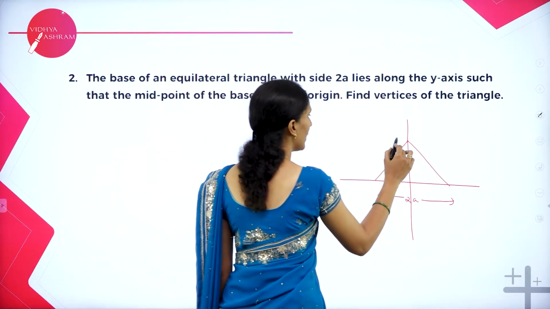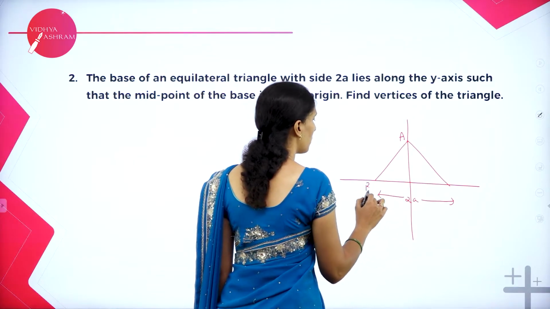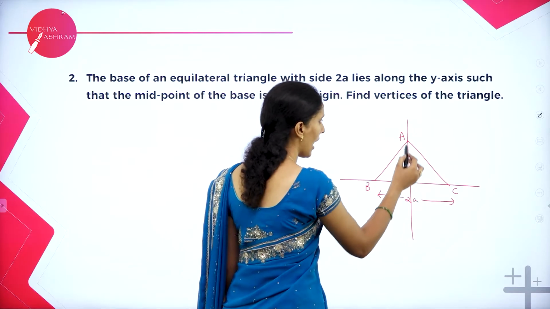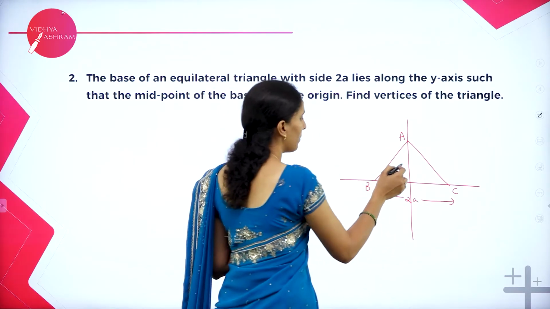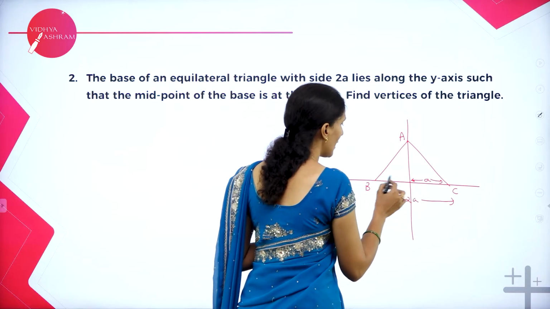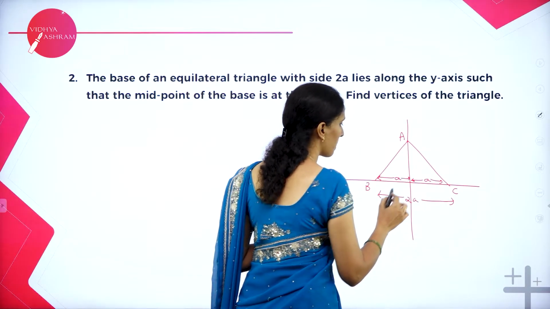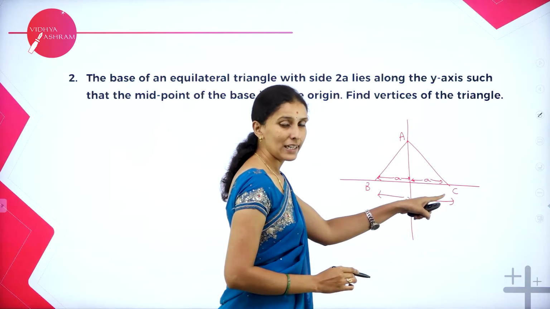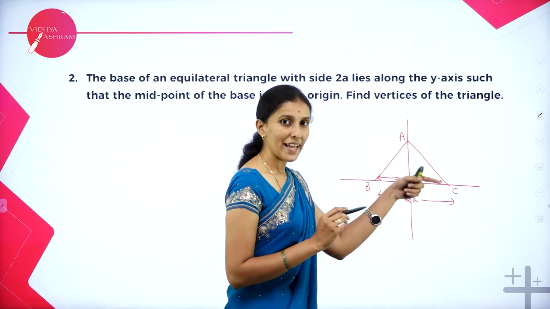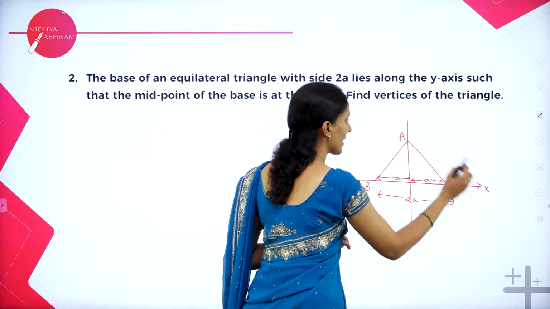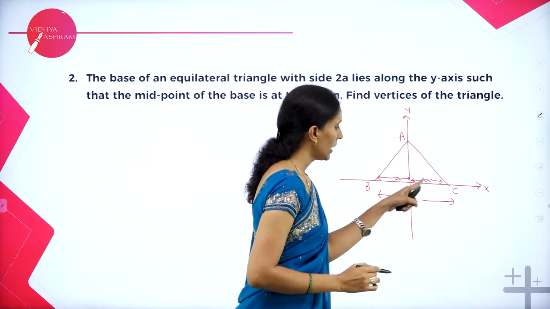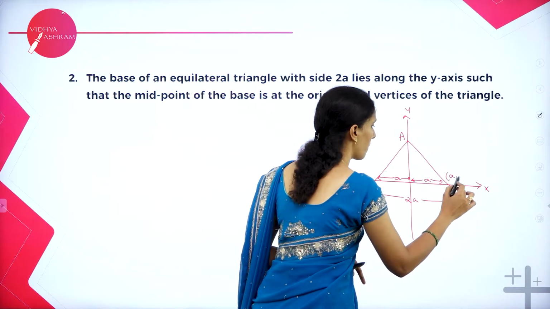So let me take the coordinates of the points as A, B, C. Since this is 2A and the triangle is exactly at the midpoint of the origin, the distance of this will be A and similarly this is A. Since point C lies on the x-axis, so this is your x-axis and this is your y-axis, the coordinates of C will be A, 0.